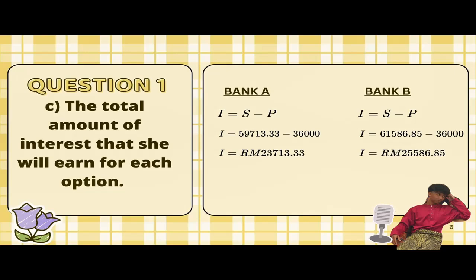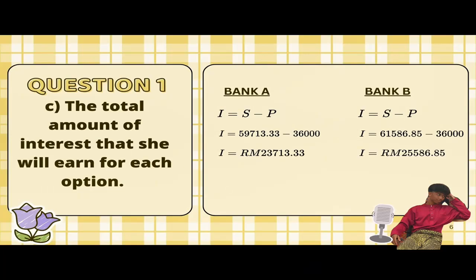For Bank A, I is equal to S minus P. S is equal to 59,713 ringgit 0.33 cent minus 36,000 ringgit. I is equal to 23,713.33.